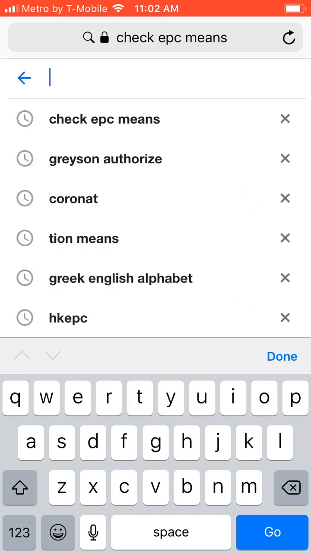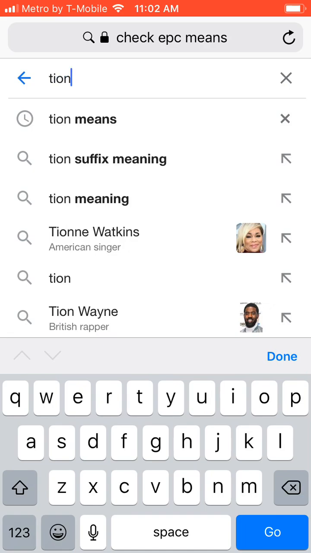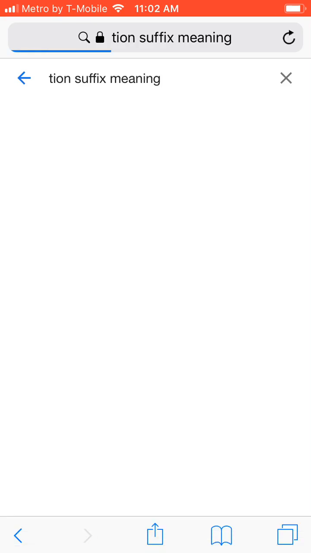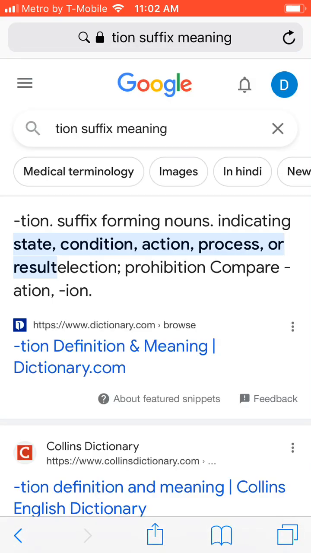Yeah. So that being said, I put Caronat together when it was supposed to be split, indicating state, condition, action, process, or result, like election, prohibition, comparison to ion.